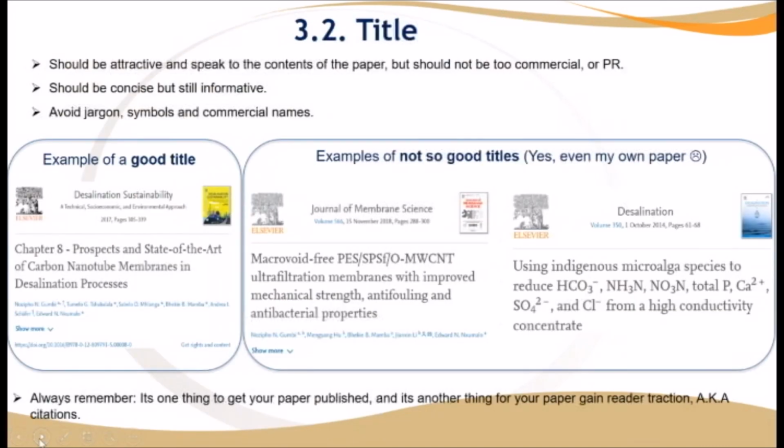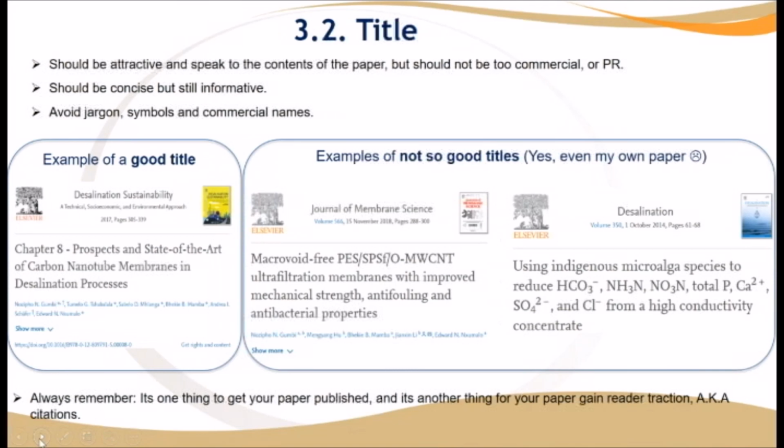Now let's look at the title. The title of your paper should be attractive. It should speak to the content of your paper, but it shouldn't be too commercial or too PR, because remember, we still need to maintain that scientific rigor and relevance.